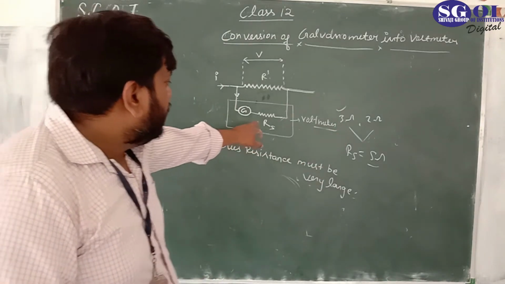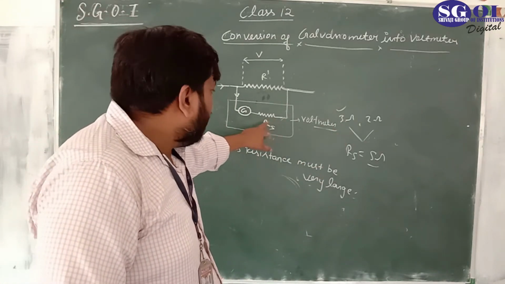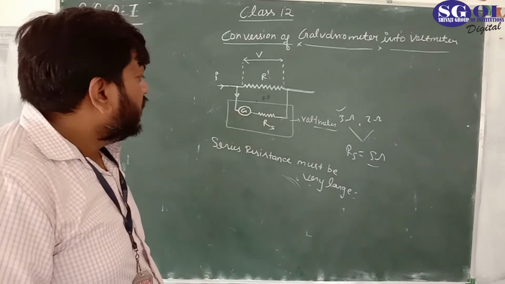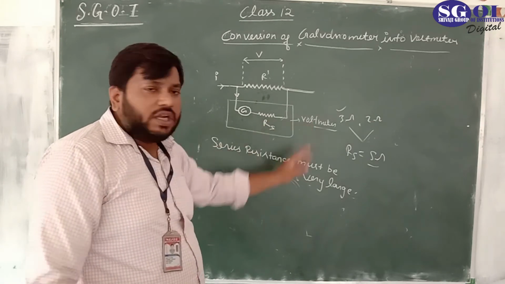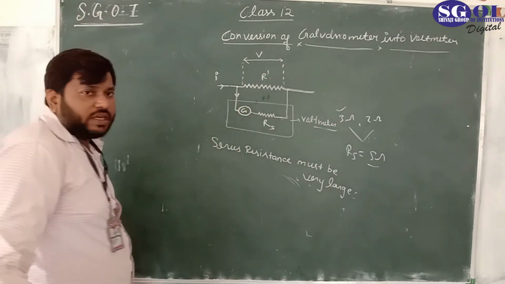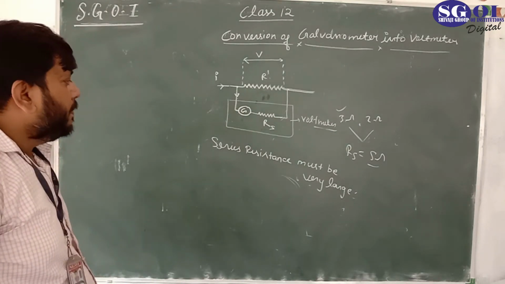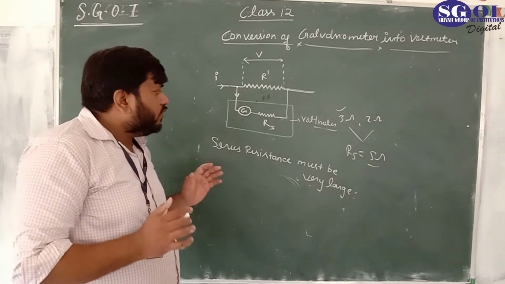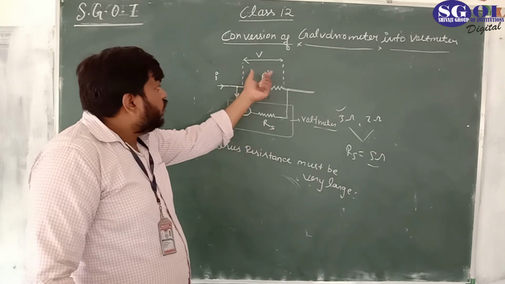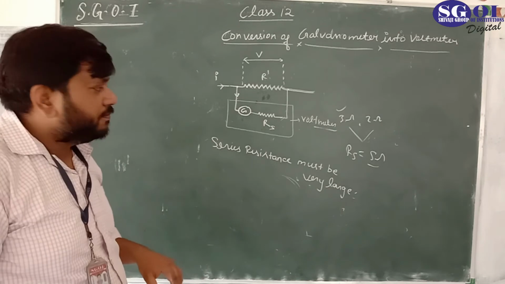In a voltmeter, we connect a very high resistance in series with the galvanometer, and this whole combination is called a voltmeter, used to measure the voltage across any circuit in which current is flowing. Now, how do you decide the resistance and the voltage?